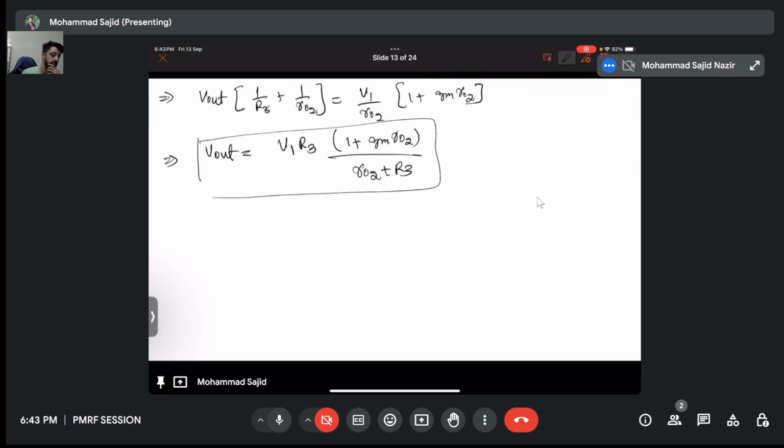So we found the first step, the relation between V output and V1. Now next is V1 in terms of V in.